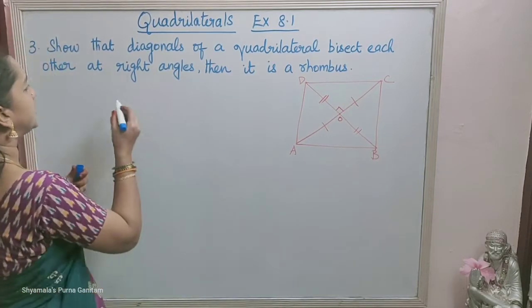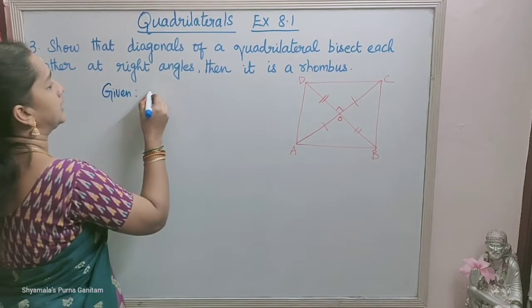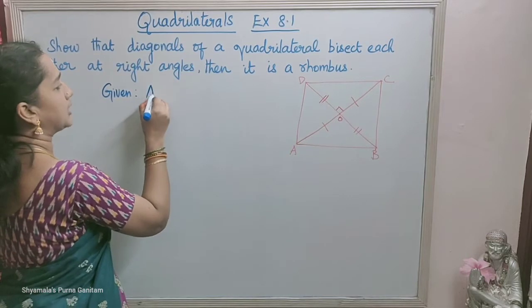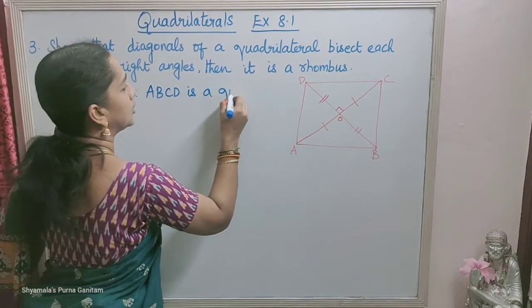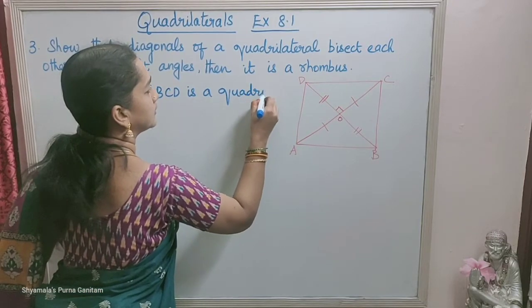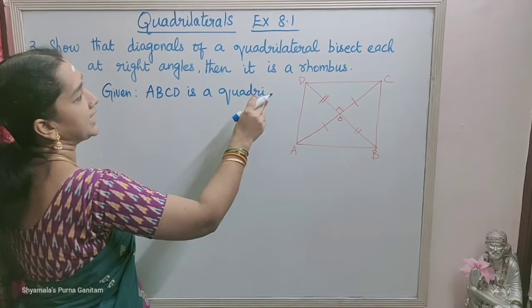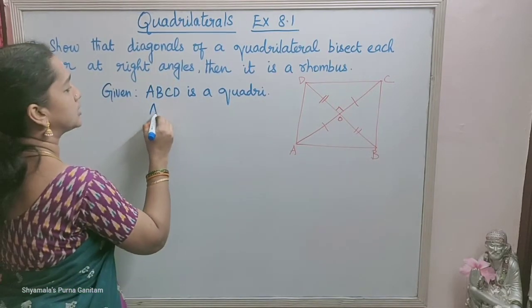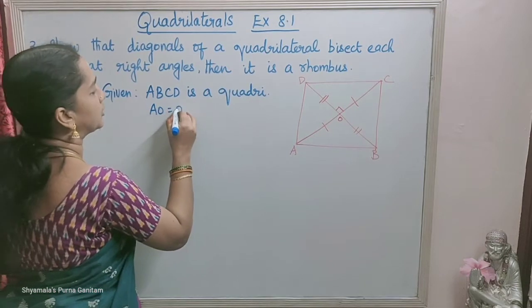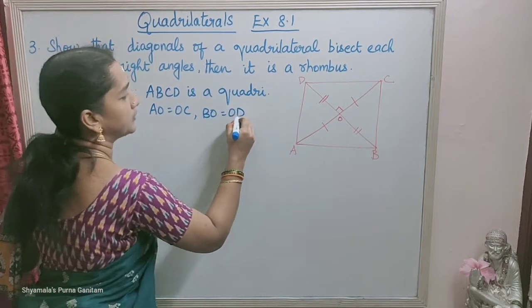So what is given? Given is ABCD is a quadrilateral with diagonals bisecting each other. So here AO is equal to OC and BO is equal to OD.